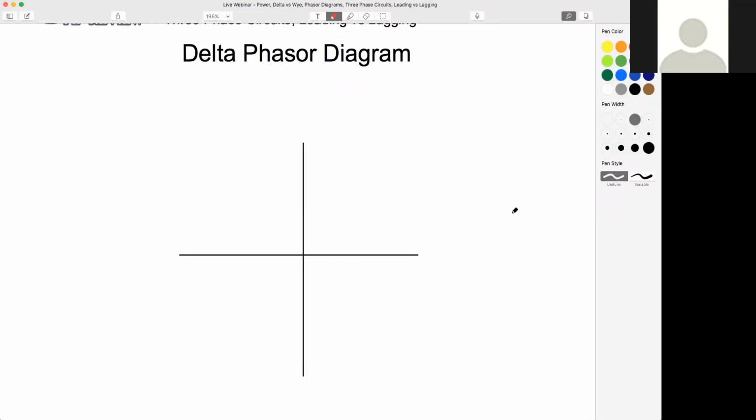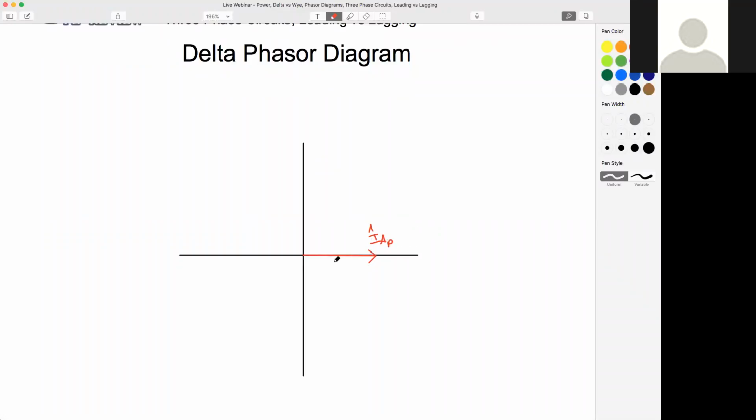Okay, so our delta system, this time I'm going to be drawing my currents. I'm going to call this my A phase. I'm not going to worry about the other subscript because if it's a load or a source, that orientation would change.